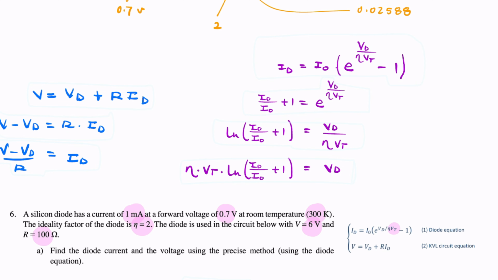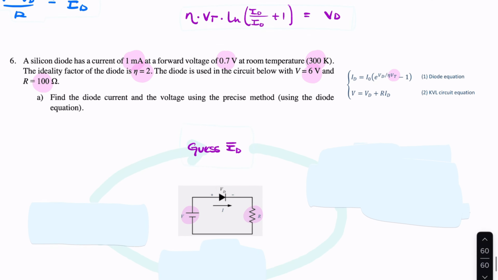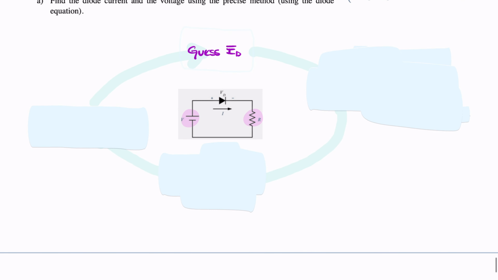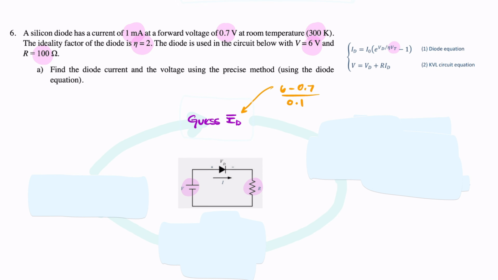So it's V minus VD over R. A good guess for ID would be 6 minus 0.7 over 100 ohms, I'm going to write 0.1 kilo ohm.